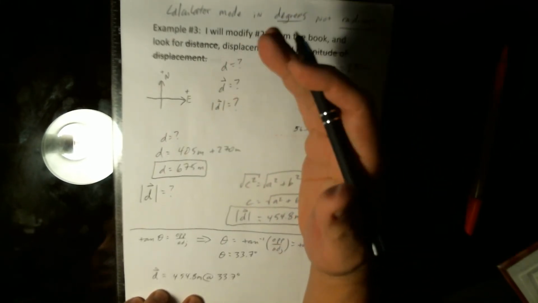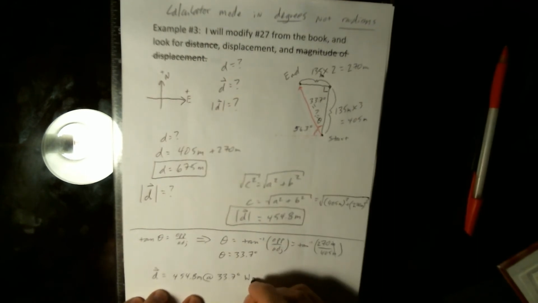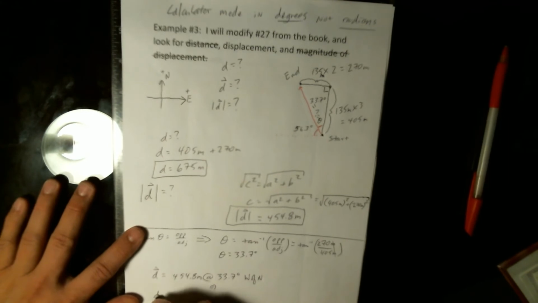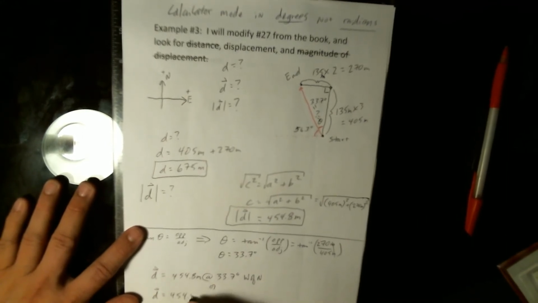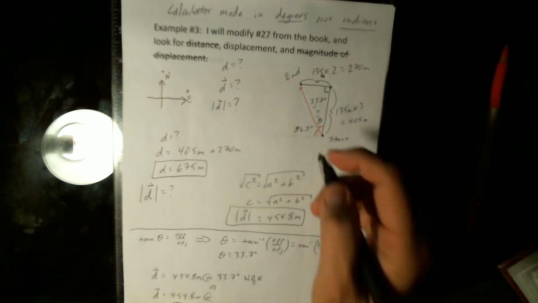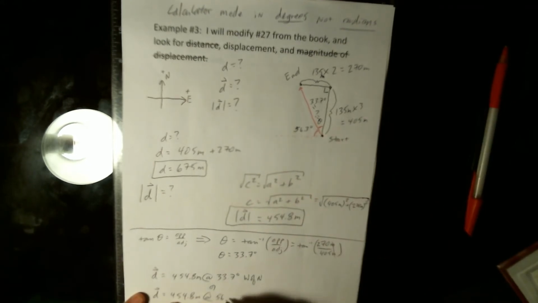or it's going to be 454.8 meters at, what did I say that was? Oh, there it is, 56.3 degrees. Now, due west is going to be north of due west.